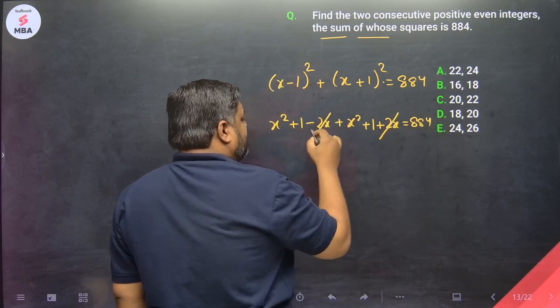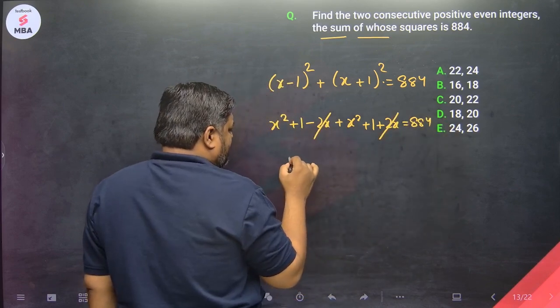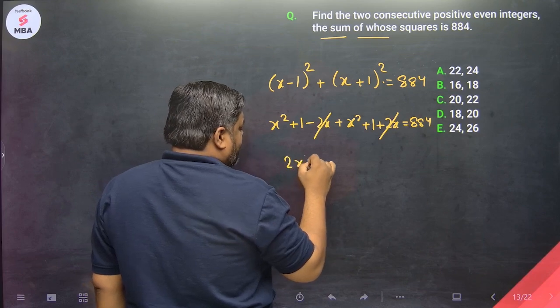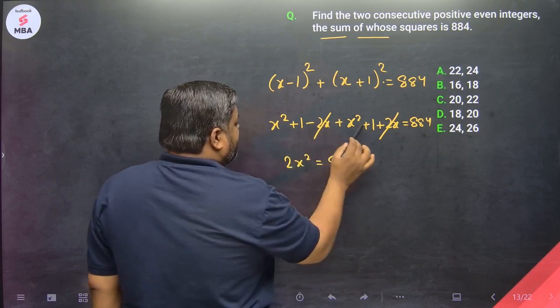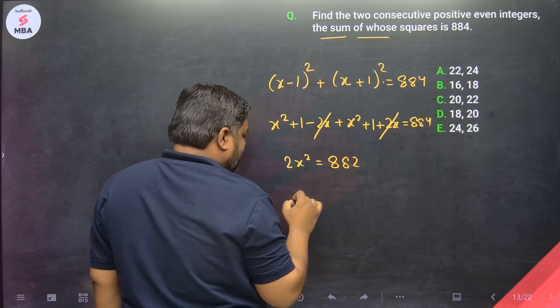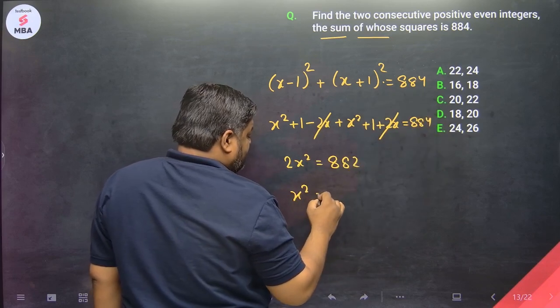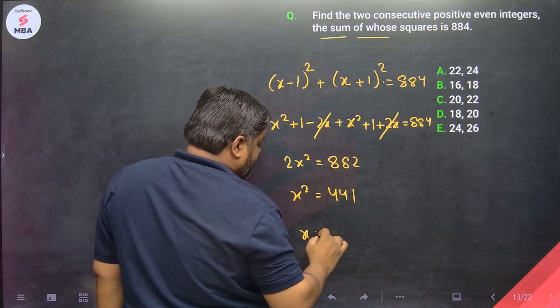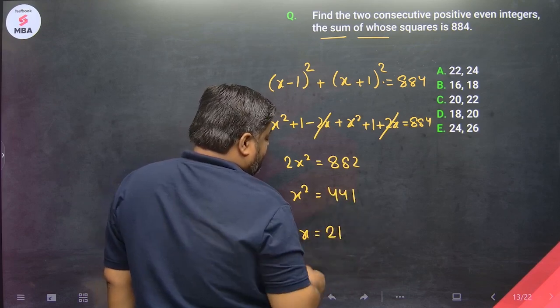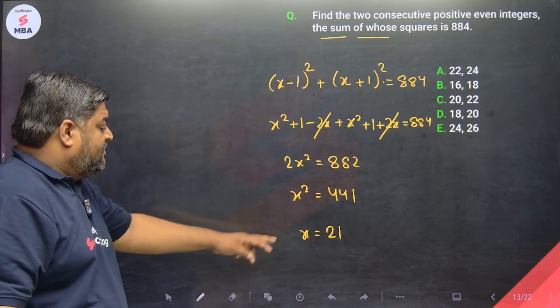Plus 2x minus 2x gets cancelled out. So 2x square is equal to 882. This one and this one is taken to the right hand side, cancelled out. X square is equal to 441. So x is equal to 21, because 441 is square of 21.